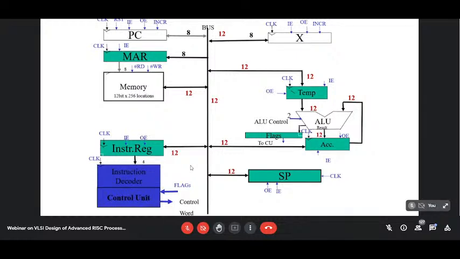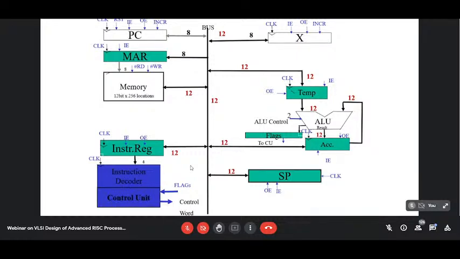After addition, the data will be stored in the accumulator. So it cannot be done in a single cycle. A number of operations need to be done. Already we have discussed that the total instruction execution can be divided, in terms of clock cycles, into fetch, decode, operand fetch, execution, and write back.